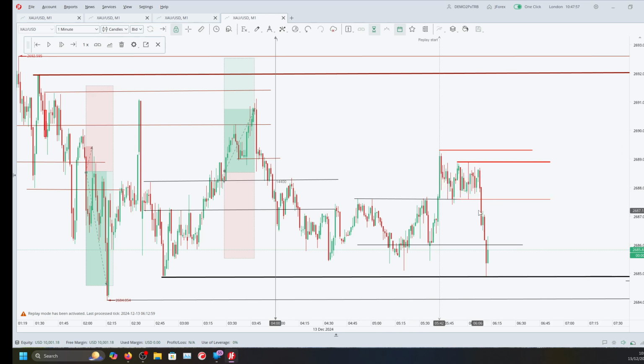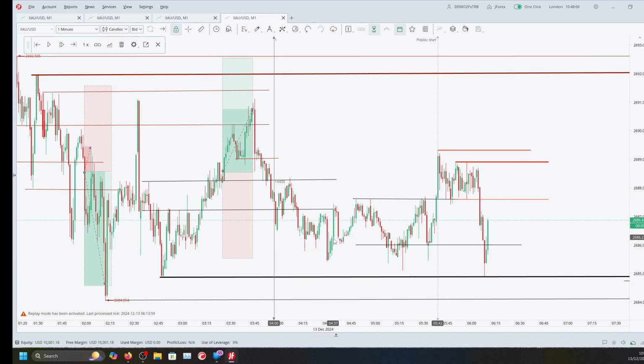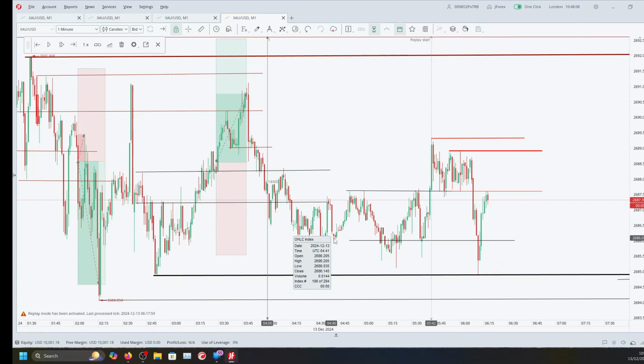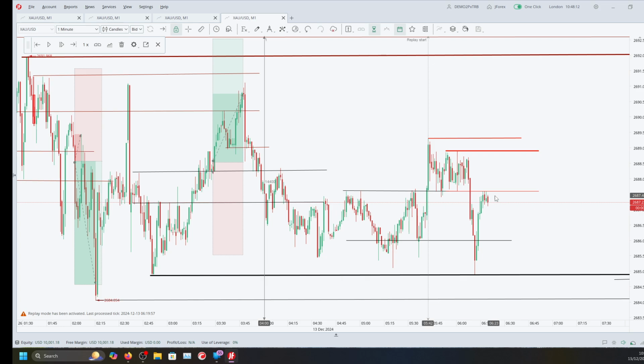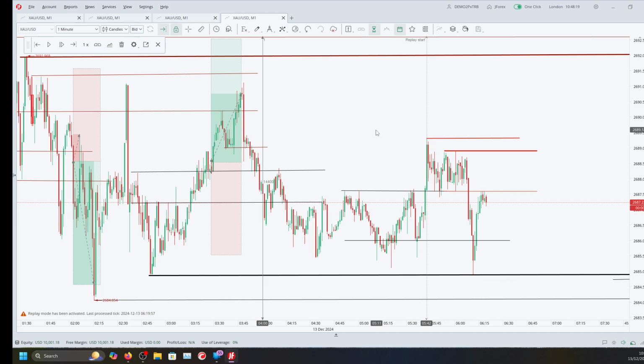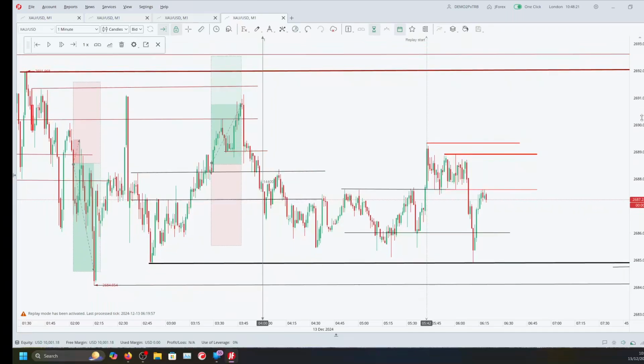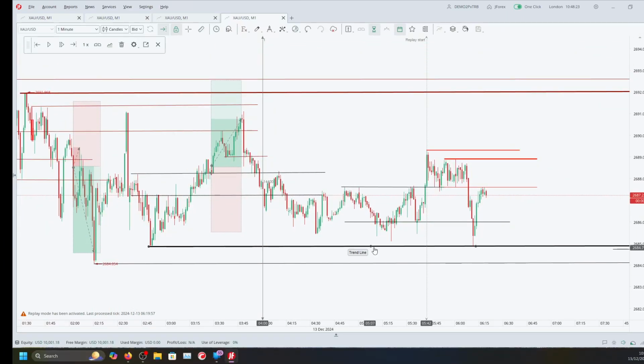Because now we've got price breaking through structure points short. So now I'm looking for price to come back in here to go short. And there, I'm going short off of that candle. Because now I'm anticipating price falling through here.